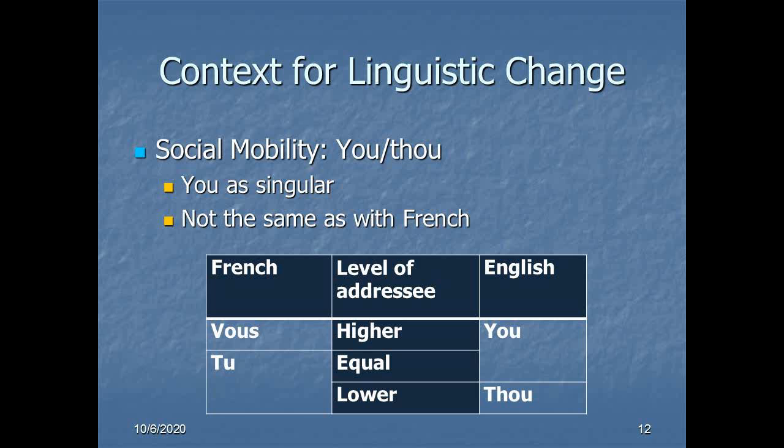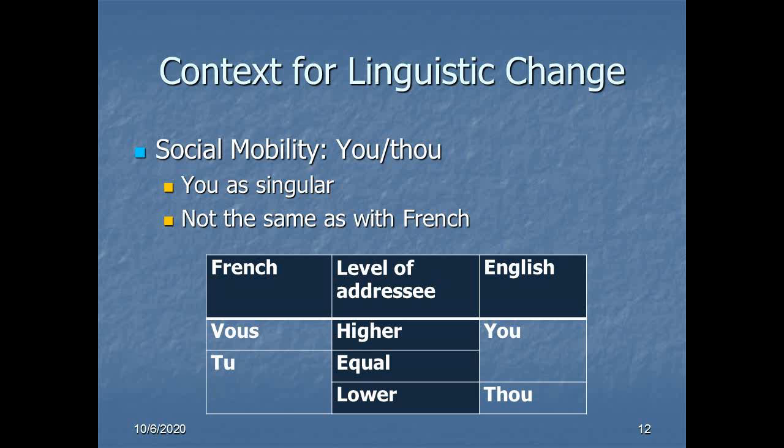In English, a different usage came into play. When you came into use as a singular, it was used to speak up, as is the case with vous, but it was also used to speak laterally. It was used to speak to equals, that is, in an intimate sense, in a way that tu is used in French.